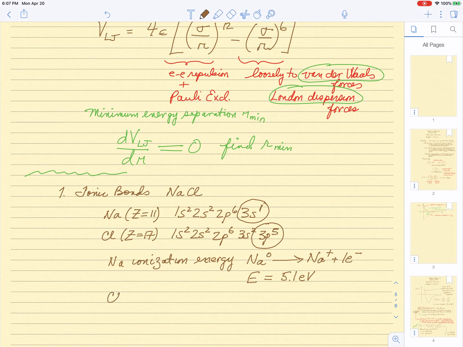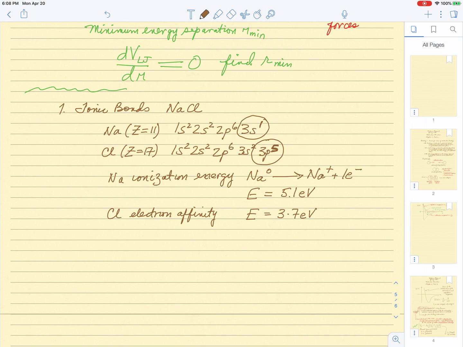Now, chlorine would like to grab that electron, and we look at the energy involved in atoms' ability to grab electrons, and we call that the electron affinity. The electron affinity for chlorine involves an energy which is 3.7 electron volts.